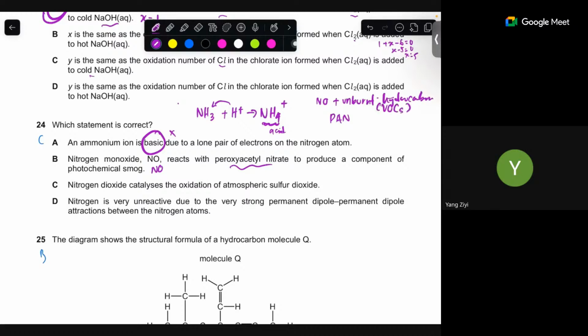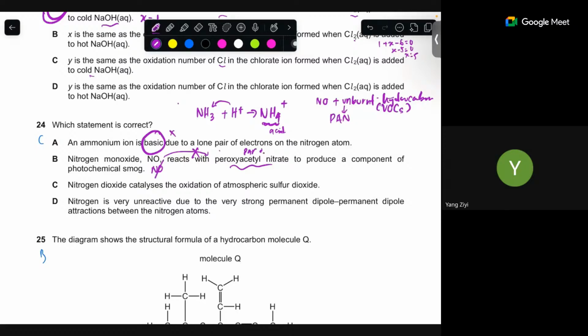Then only they will give you PAN. NO will not react with PAN. Please remember that. PAN is going to be the component in photochemical smoke.